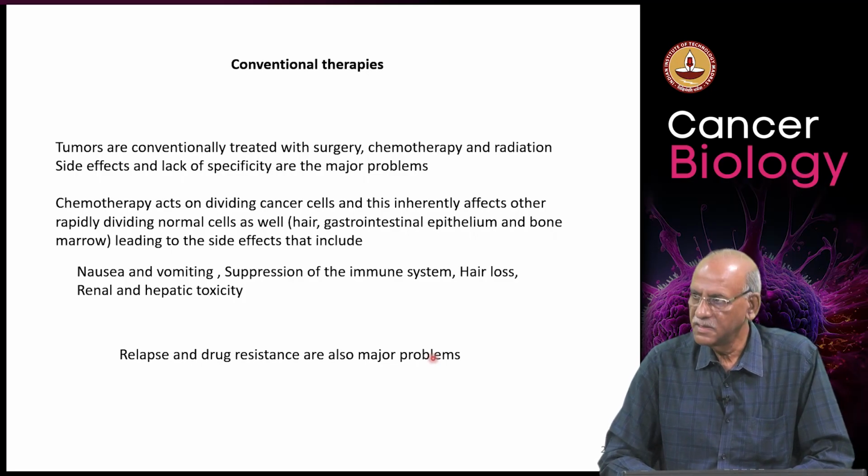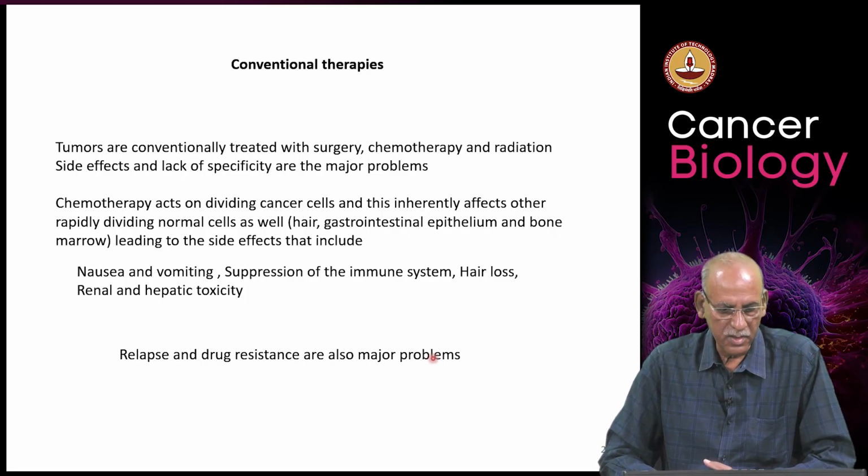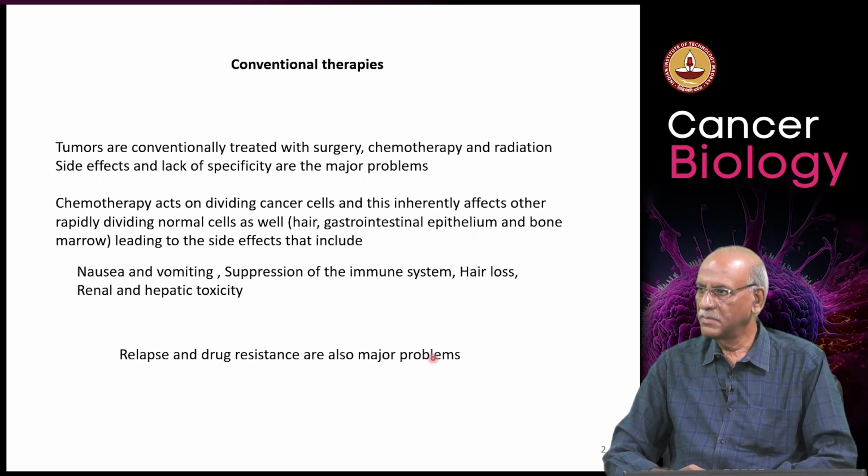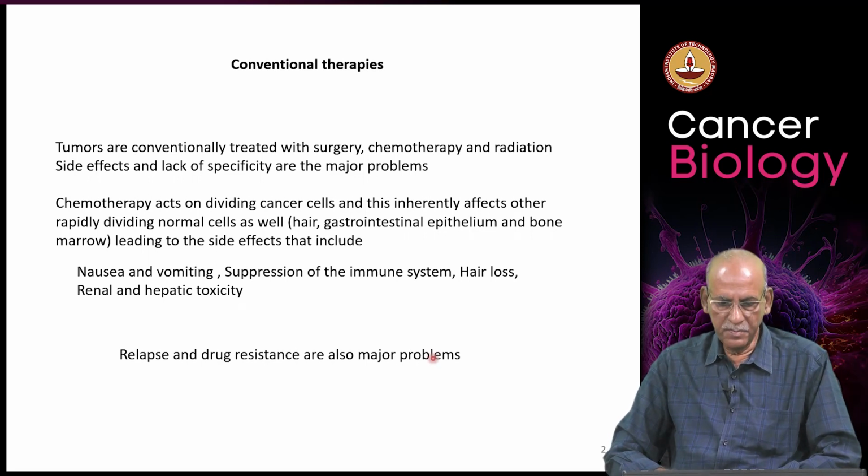We have discussed this. That is why you have side effects like loss of hair, problems in gastrointestinal epithelium, bone marrow and so on. Nausea, vomiting, suppression of the immune system, renal and hepatic toxicity, hair loss and so on.